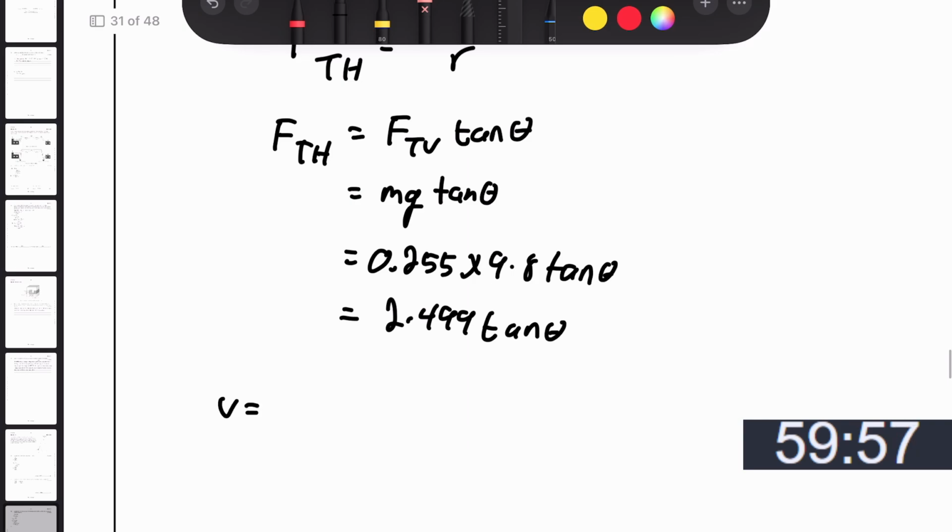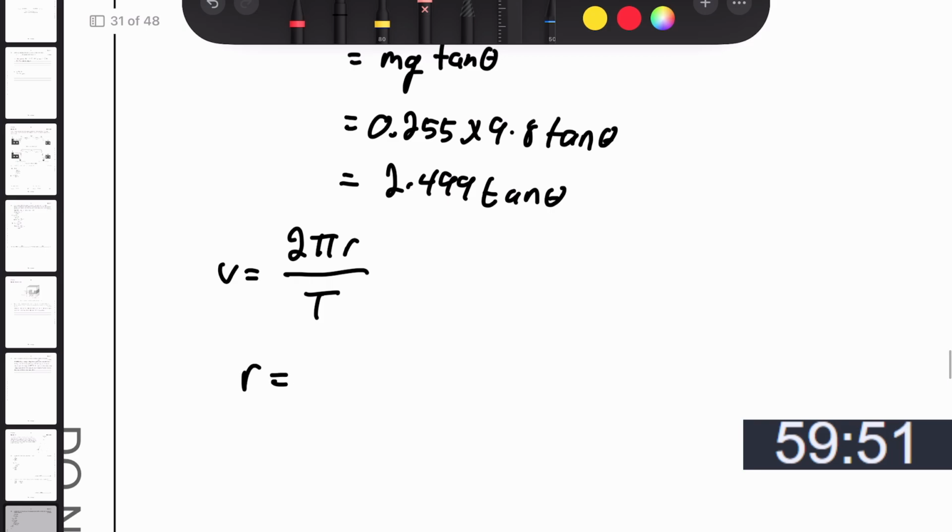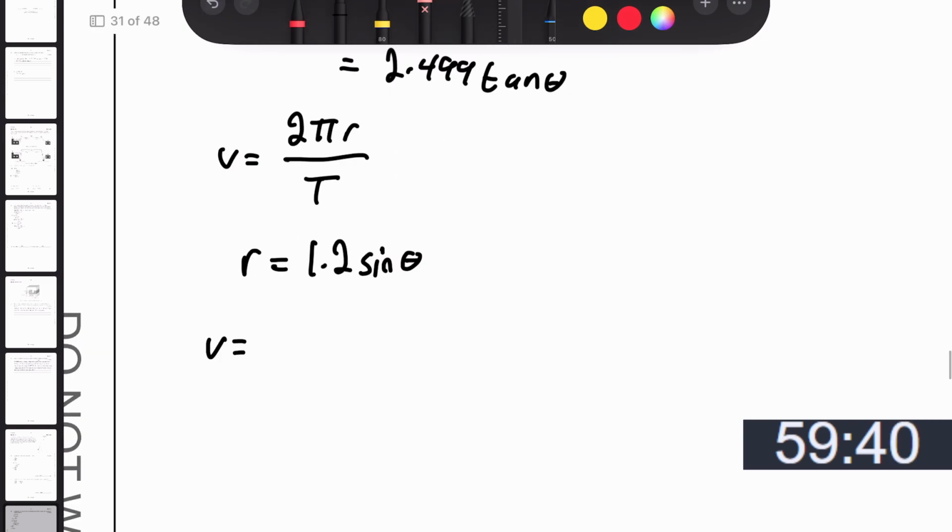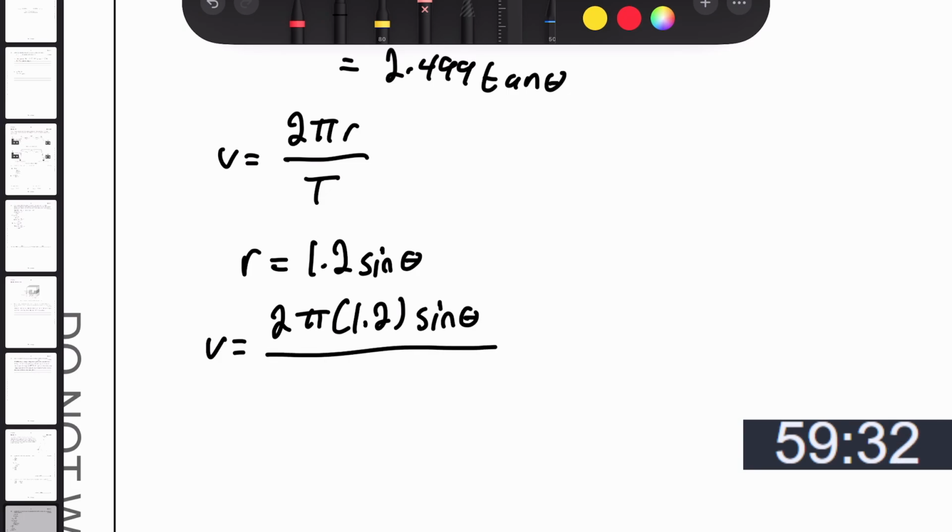And then my velocity is going to be 2 pi r over time, where my radius is going to equal 1.2 sine of theta. So then my velocity is 2 pi times 1.2 sine of theta, all over my time, which is 1.0204.